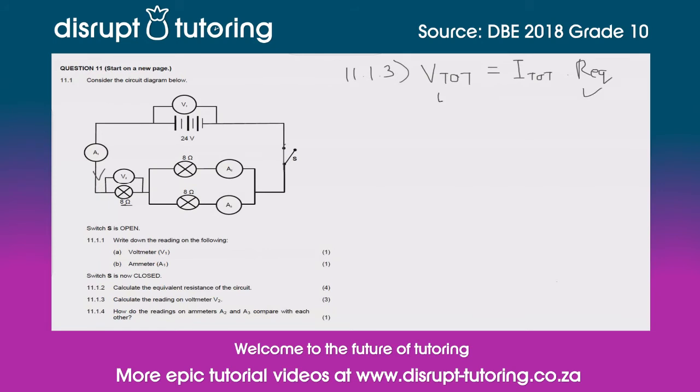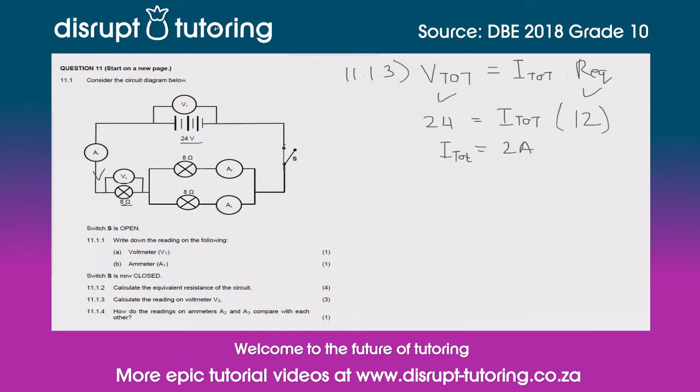And we know the total voltage because that is just the voltage in the cell. So 24 volts is equal to the total current times this equivalent resistance we worked out, which is 12. So that gives us the total current of 2 amps.